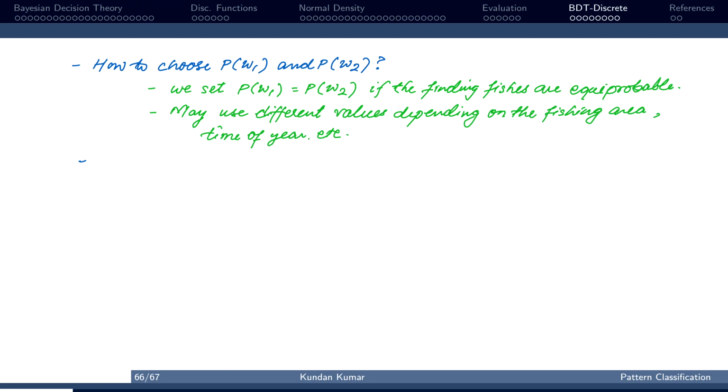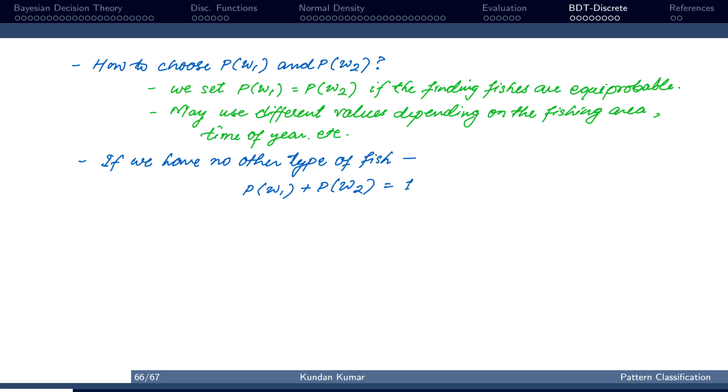And if we have no other type of fish, then we can say that the prior probability of class 1 plus the prior probability of class 2 is equal to 1. So this case is called exclusive and exhaustive, because we don't have other fish, only these two fish are there.